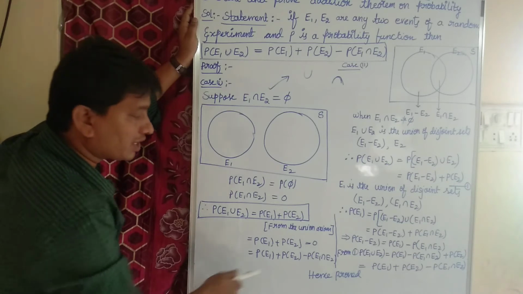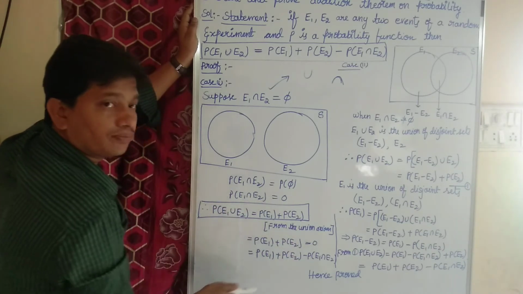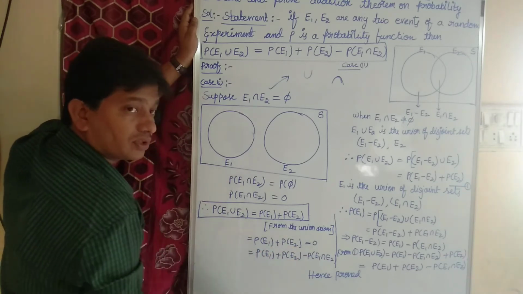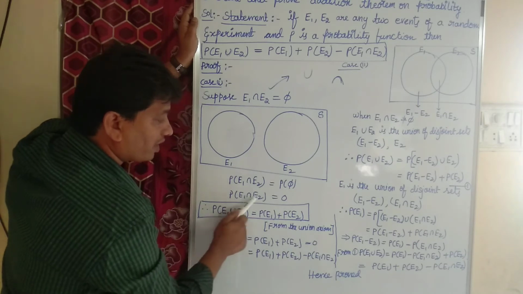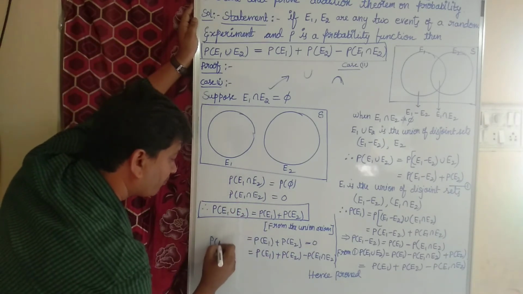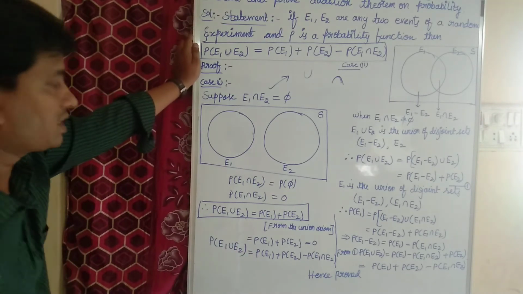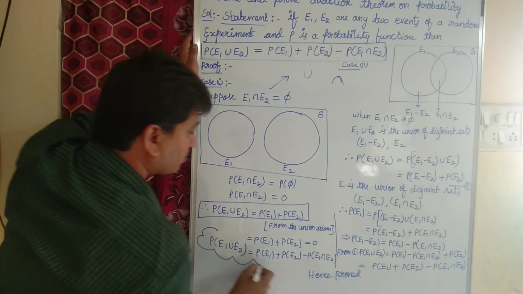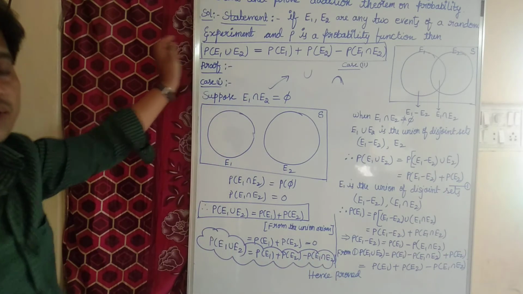Yes or no? ఎందుకు మనం ఇక్కడ 0 రాసుకోవాలి? Because we know that P of E1 intersection E2 equal to 0. అందుకోసమే ఇక్కడ మనం 0 రాసుకున్నాం. So P of E1 plus P of E2 minus P of E1 intersection E2 we wrote. Hence we proved P of E1 union E2 equal to P of E1 plus P of E2 minus P of E1 intersection E2. That is case 1. Right, children?